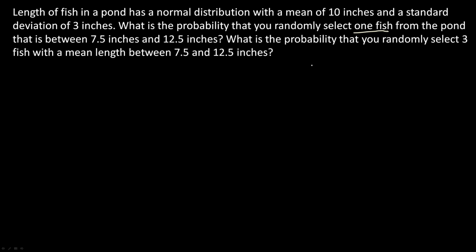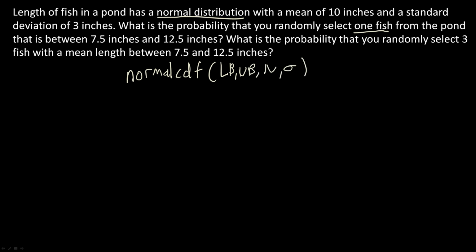So for the first question, it's asking us to only select one fish from the pond. So we can use our population parameters because it's only one fish. And because we know that the pond has a normal distribution, we can use normal CDF. As we know, normal CDF has the parameters of a lower bound, upper bound, mean, and standard deviation. So we use the population parameters of 10 inches and standard deviation of 3 inches. Let's input those parameters into our normal CDF function.